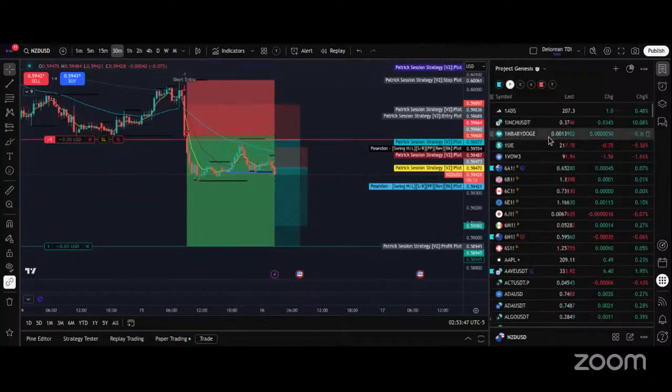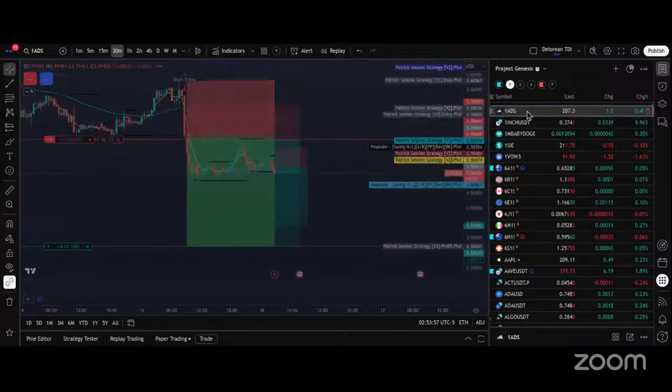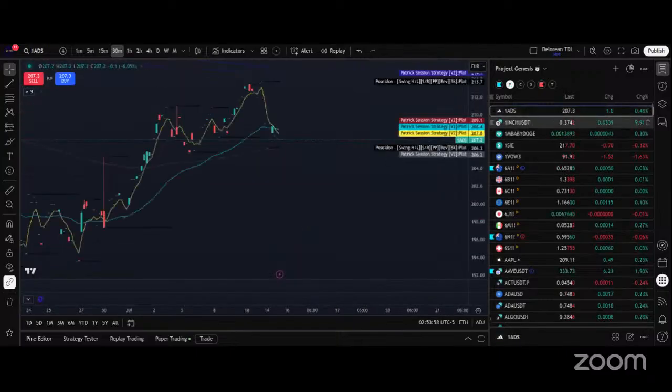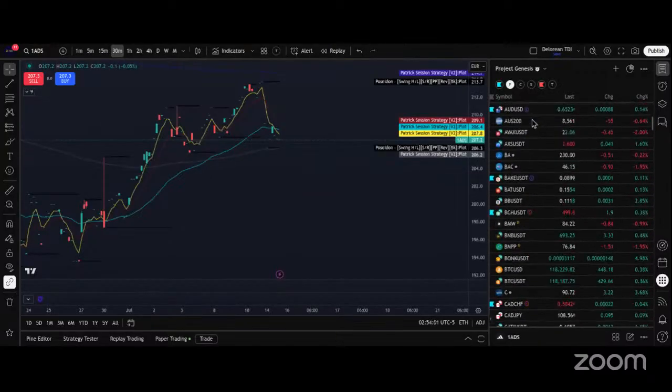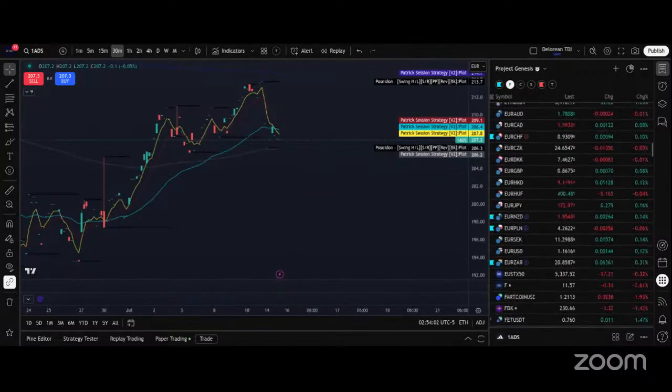These are all the assets that we call, so it's everything that I call in one alphanumeric list. The first one's actually a stock, Adidas, for instance. It just goes on and on.